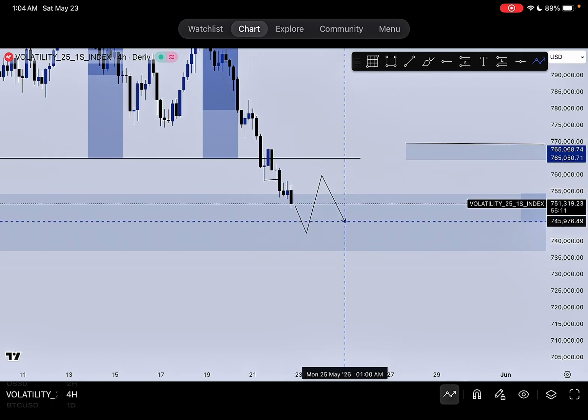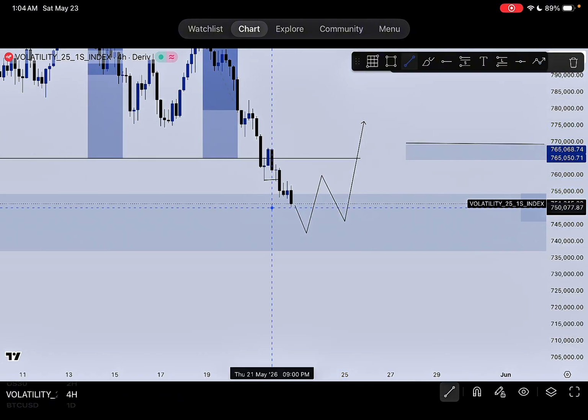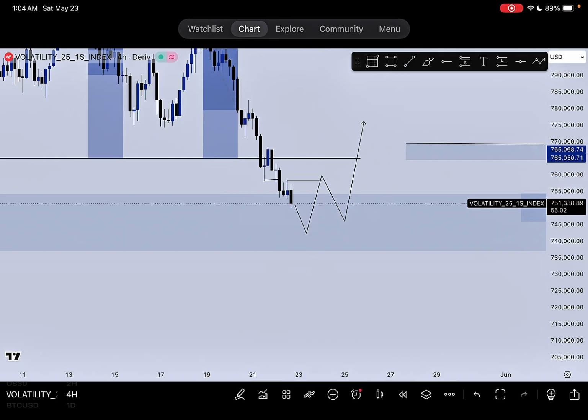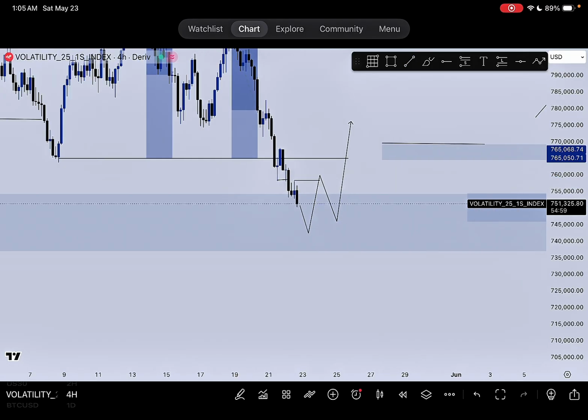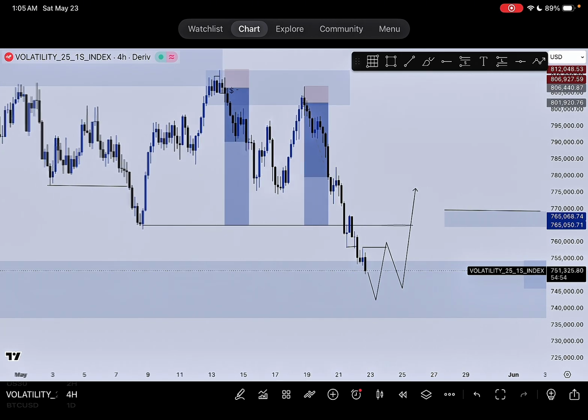Sometimes the market might even give me failure swing, something like this. It's still okay. Then I'll mark it as my MSS before looking for buy. So for now, overall, I'll still be looking for more sells.